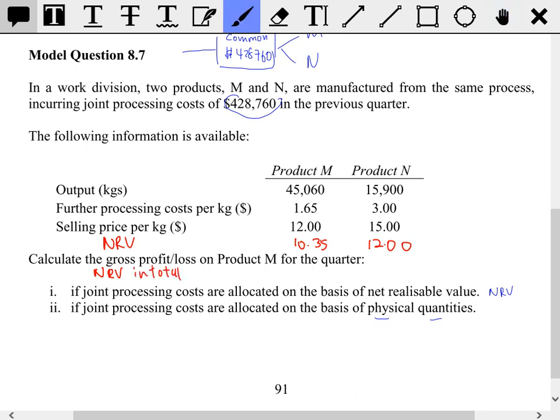Just now it was NRV per unit, now in total. 1 kg is 10.35, and I plan to produce 45,060. Therefore, this one will be 466,371, and this one will be 318,197.